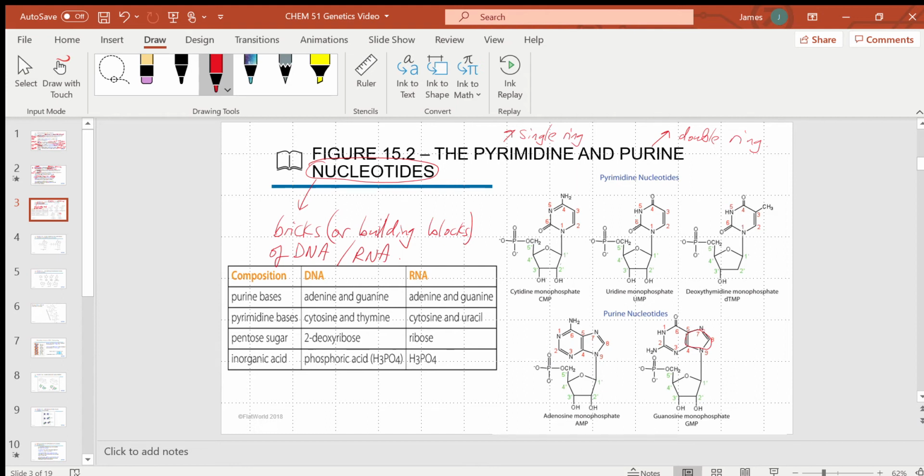Let's look at the 2' carbon. Only the 2' carbon, which is here. So we're considering the 2' carbon. If there's an OH, we know the nucleotide is RNA.